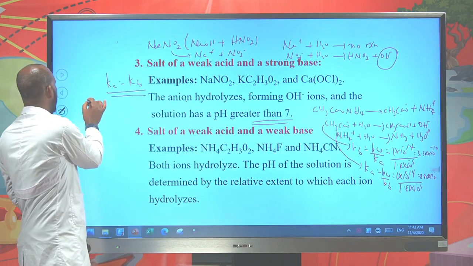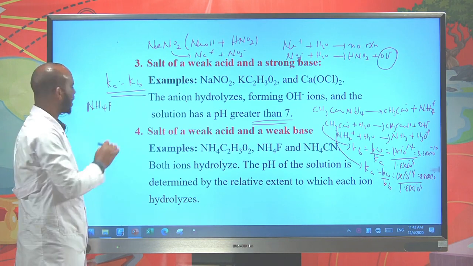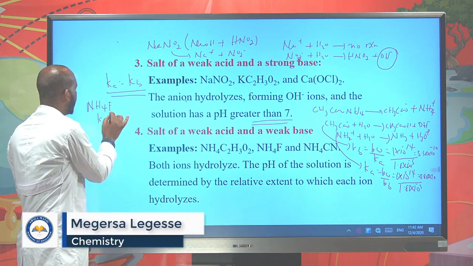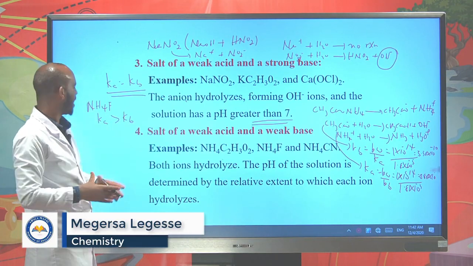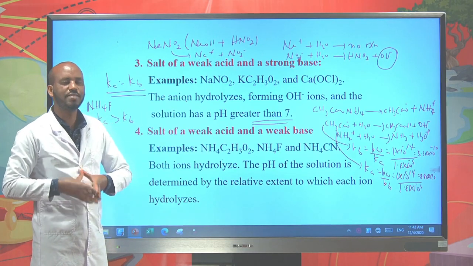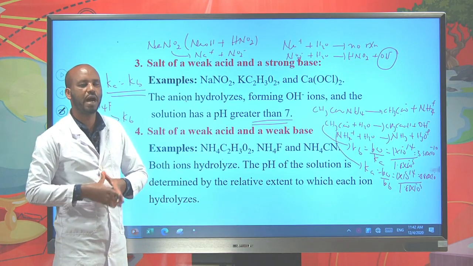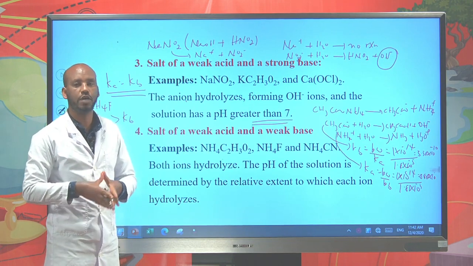Now for ammonium fluoride, K acid is greater than K base. This implies that excess hydronium ion is produced in the solution and the solution becomes acidic. The pH of the solution is less than 7.